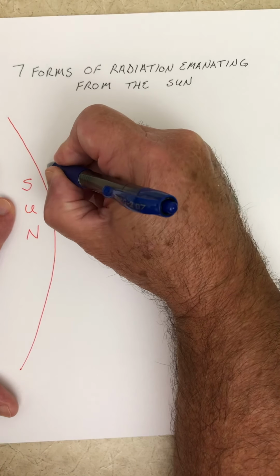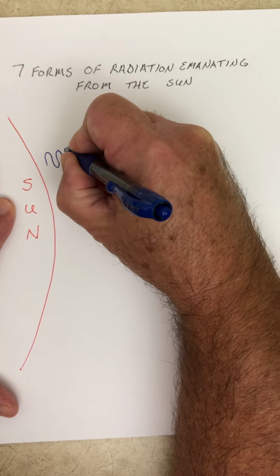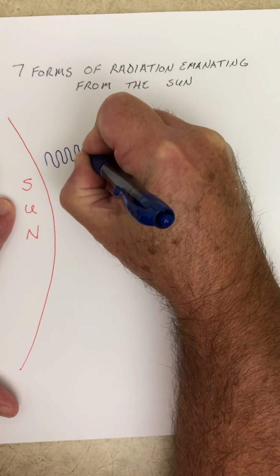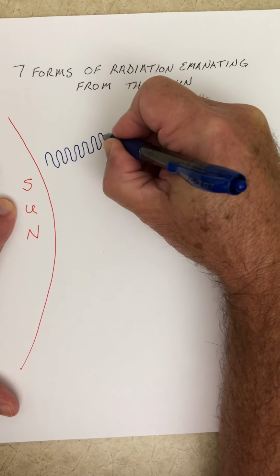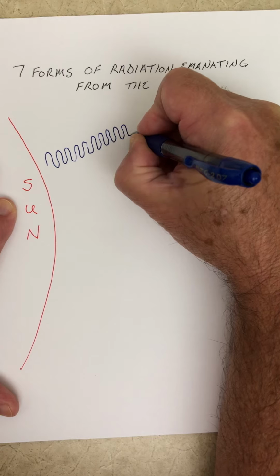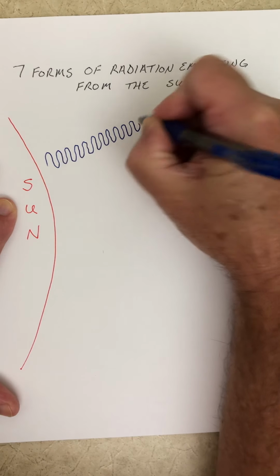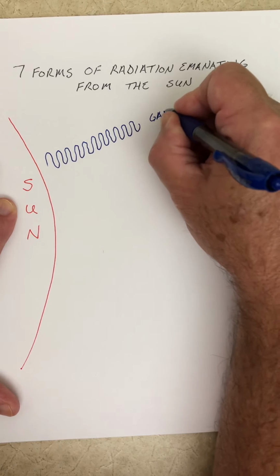So the first form is gamma radiation. And again, I'm going to try to draw this very carefully. And when I say I'm going to draw this very carefully, it really doesn't make much sense to you until we get to the next guys. Okay, so this is gamma radiation.